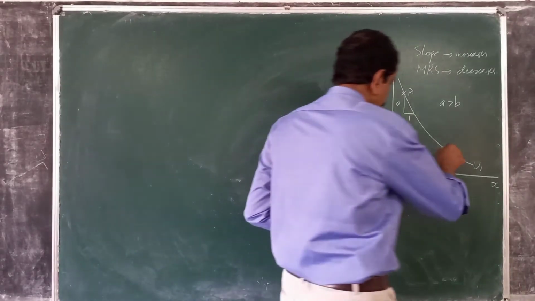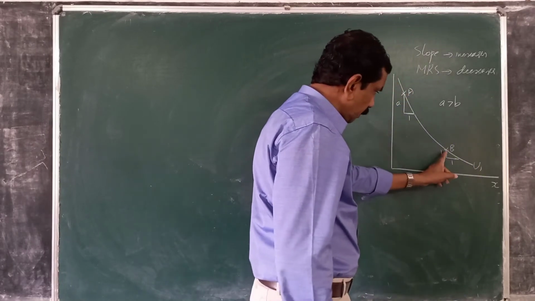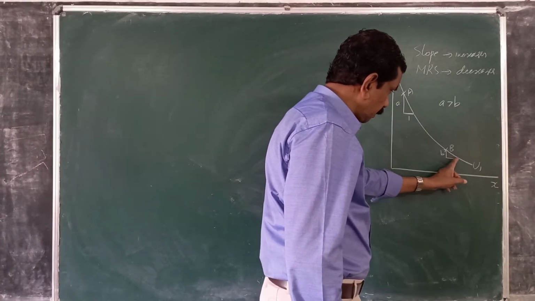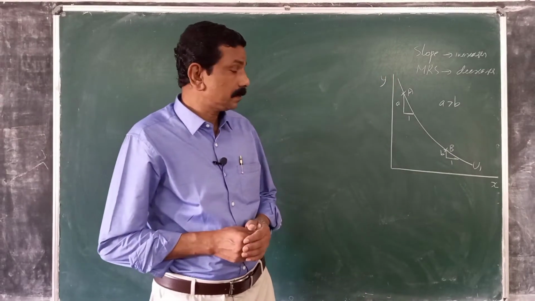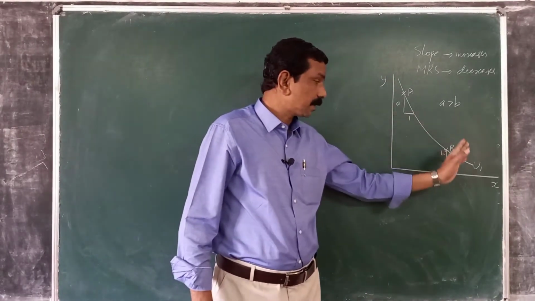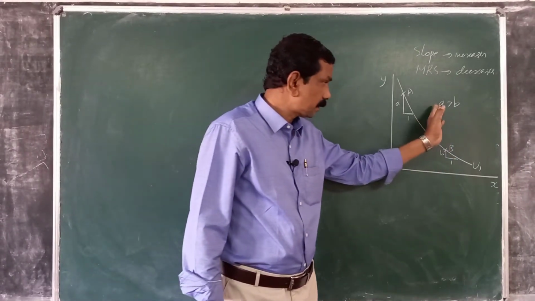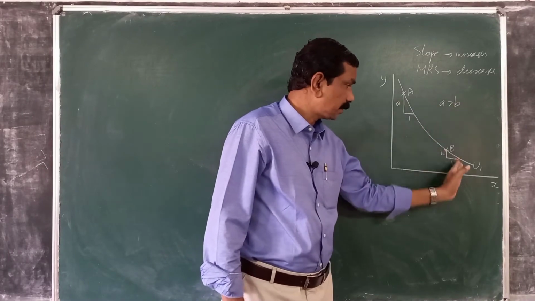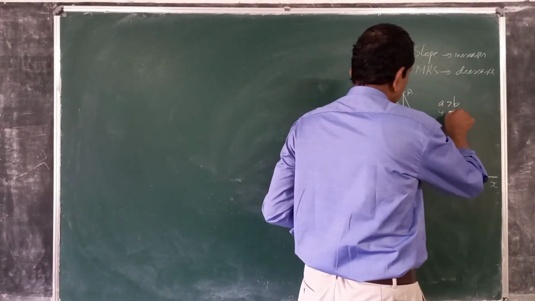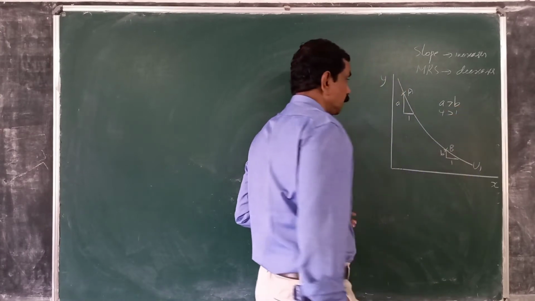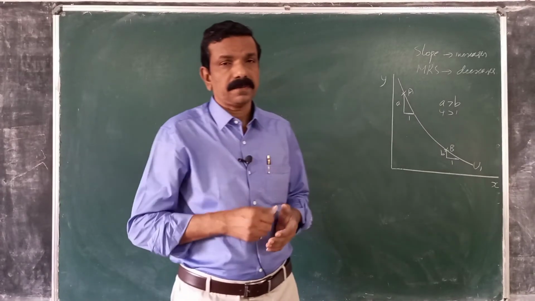At point B, our consumer is willing to give up only b units of y for getting 1 unit of x. So his willingness to substitute y for x decreases as x increases, and note that a is greater than b. So for example, a may be 4, b may be 1. He is willing to give up 4 units of y for 1 more unit of x.